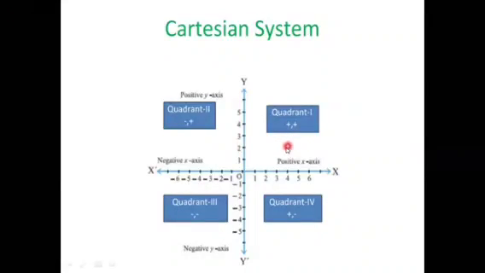Let us observe it further. Any point in this region would have a positive x coordinate. Likewise, it would have a positive y coordinate. So that is the reason why it is written plus comma plus. That is, the x coordinate is positive and the y coordinate is also positive.